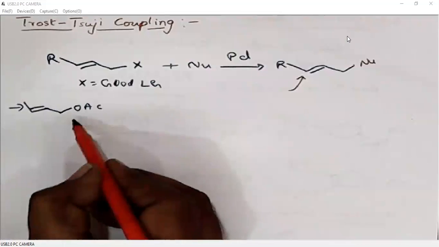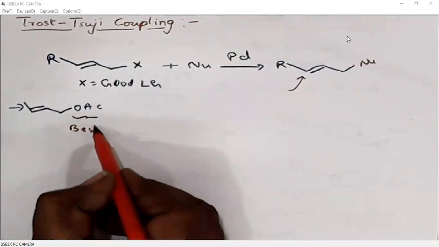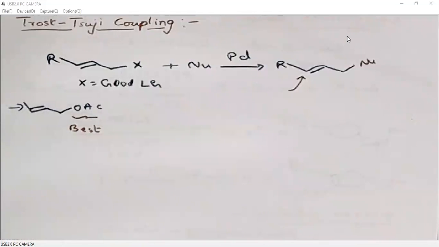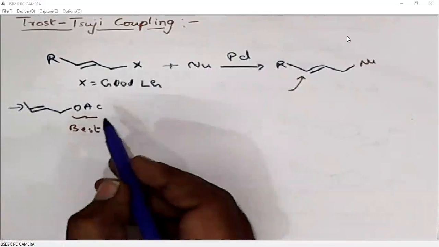OAc is a good leaving group, and as far as Trost-Tsuji coupling is concerned, OAc, allyl acetate, is the best for coupling.